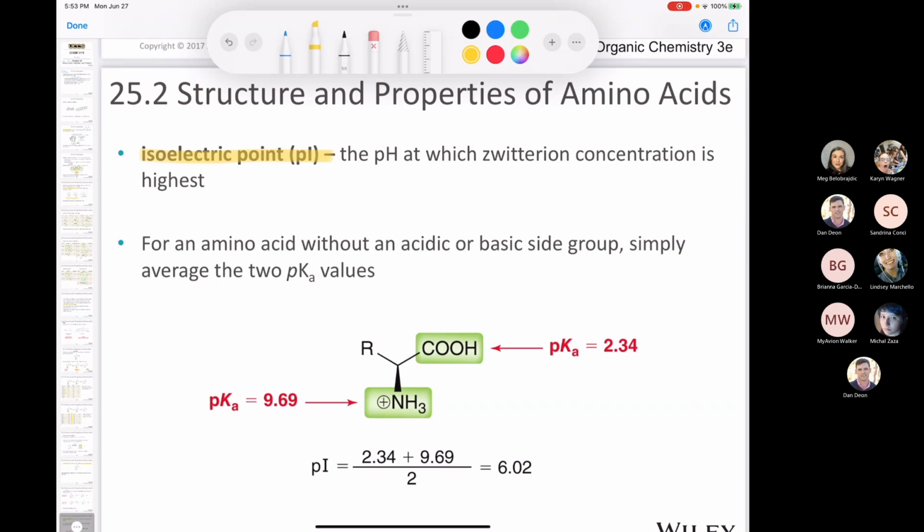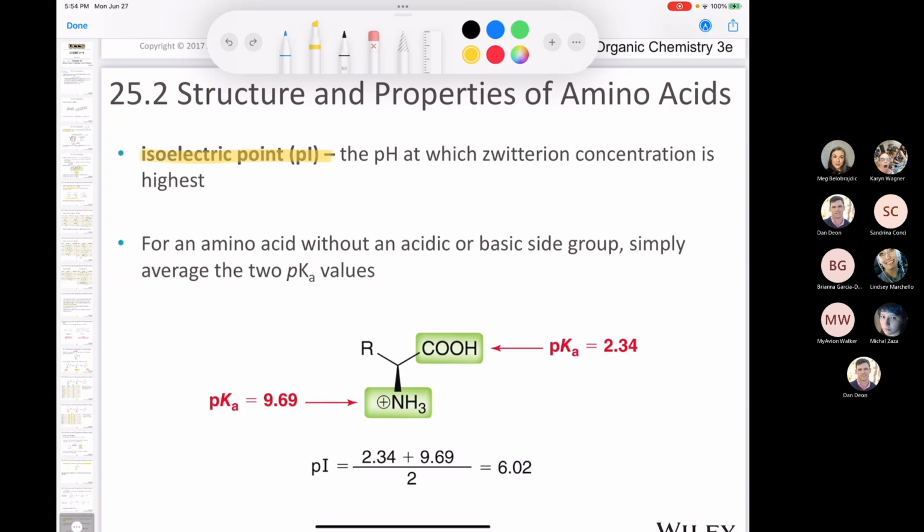But we take advantage of those pKa values of the amino acids to enable us to separate them. So let's take a look here. It says the isoelectric point, pI, is the specific pH at which the zwitterion concentration is the highest. How do you calculate that isoelectric point? If you have an amino acid that doesn't have one of those extra side chains, you just take the average of the two pKa's.